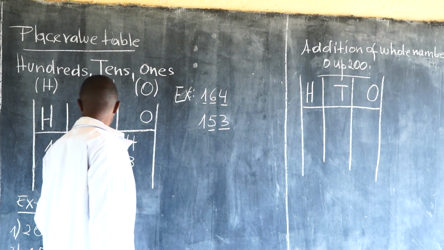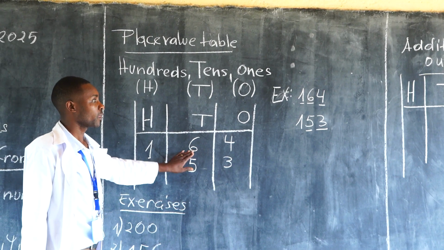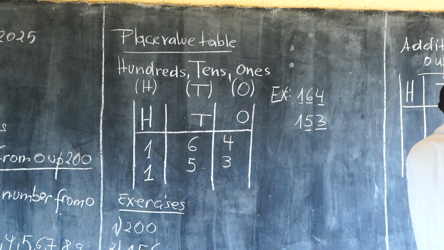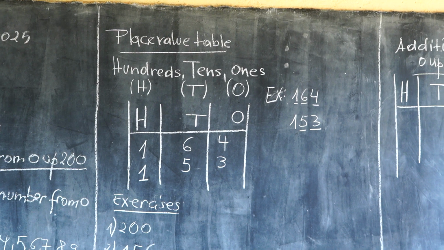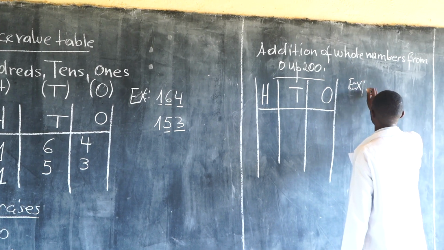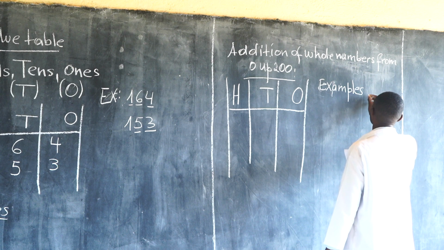Now let us continue with our place value table. We have already seen how to use our place value table. Now let us continue. For example, we are going to take an example of numbers. Examples.